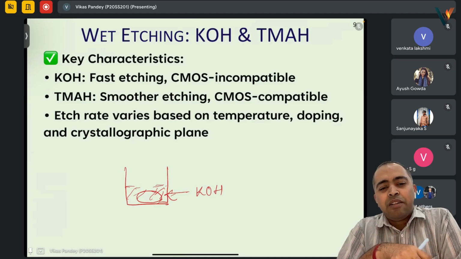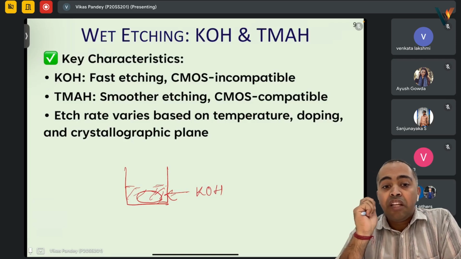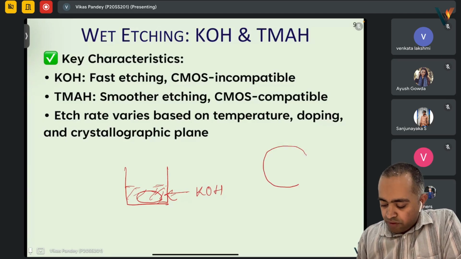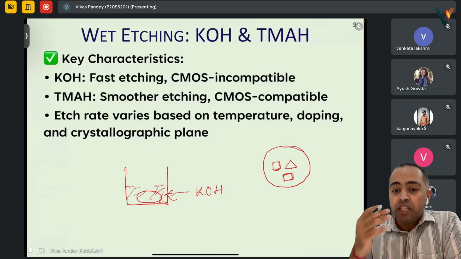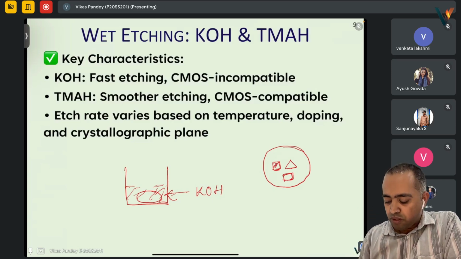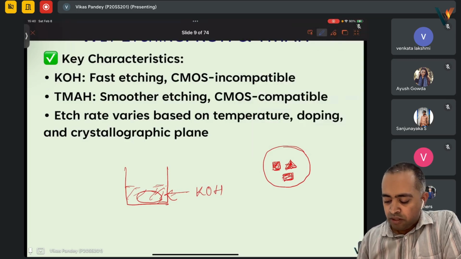But it is not always desired to etch out everything on the top or bottom. If this is the wafer, we want to make some structure here, like this. We don't want to remove each and everything on the surface, but just want to remove this to some depth. To do this, we cover the other areas with some masking layer.